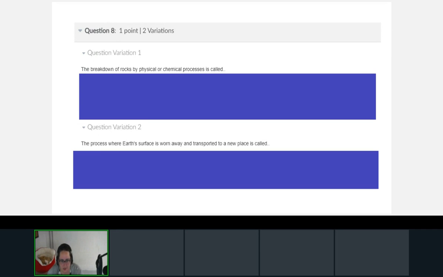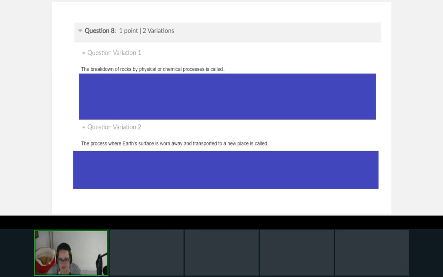Question 8. The breakdown of rocks by physical or chemical processes is called, is it weathering or erosion? Now, the key thing in here is that it says physical or chemical processes, and we did talk about these two things pertaining to this word.